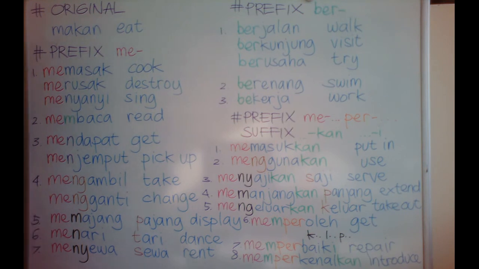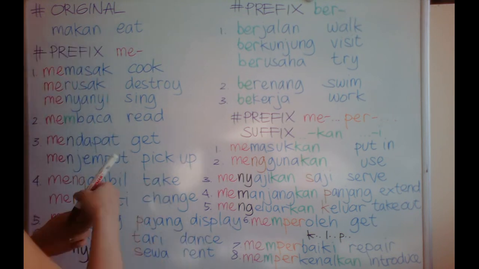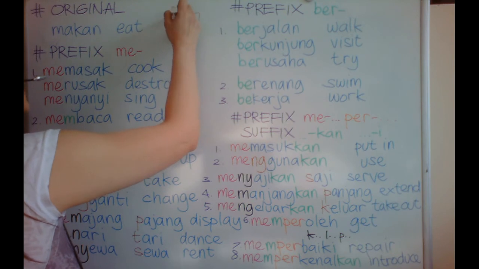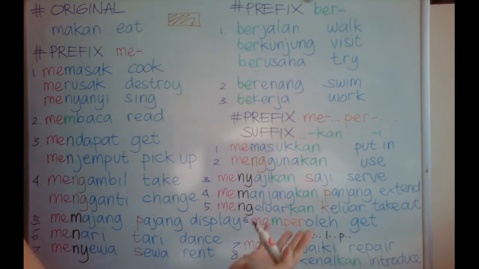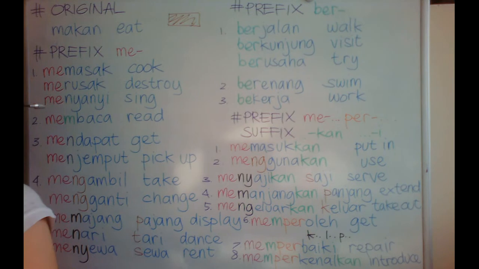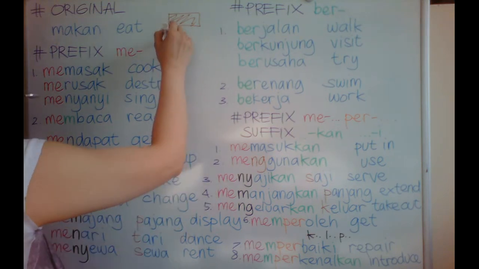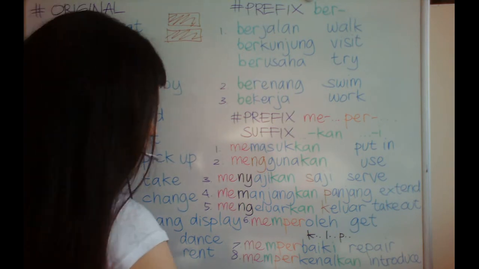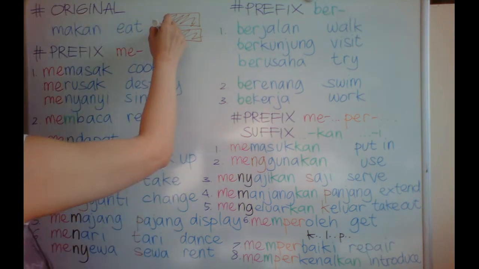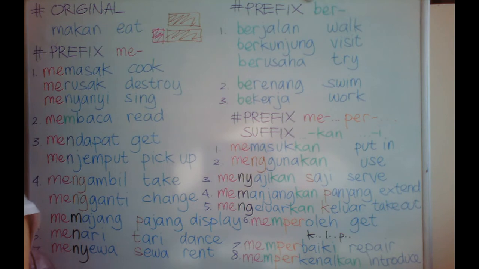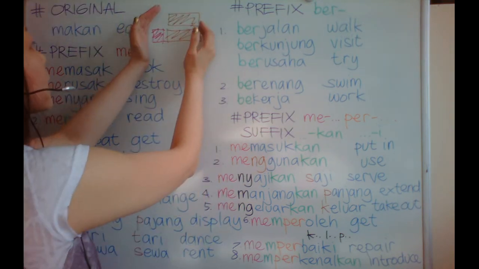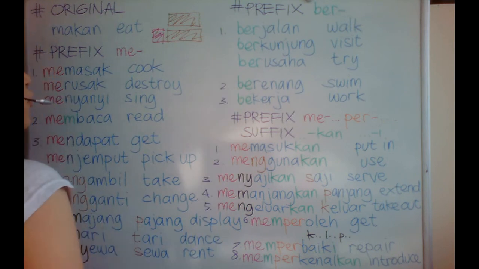But the difference is just that sometimes the word can stand alone. This is a good verb. And sometimes the word cannot stand alone and has to be helped with a prefix, so it becomes one single word which is perfect for a verb.